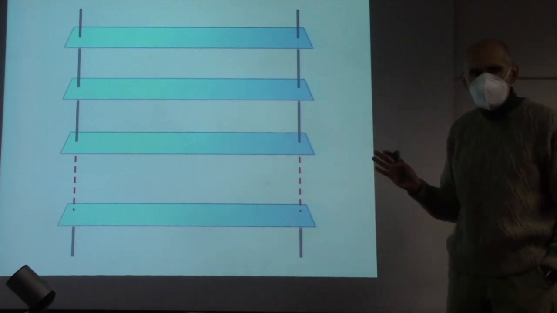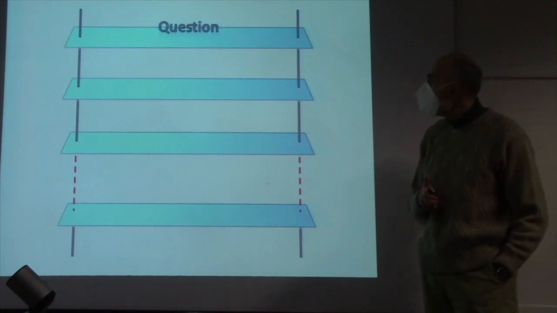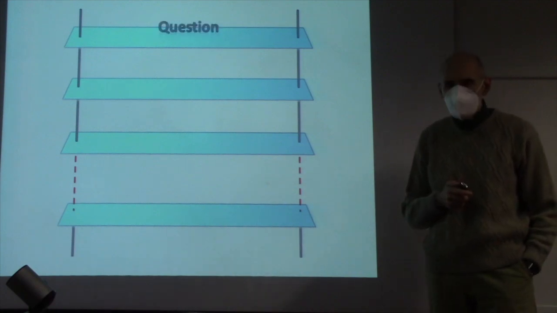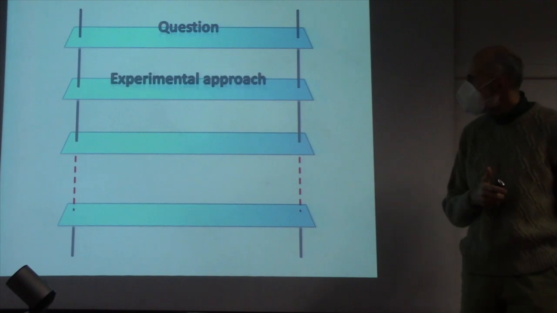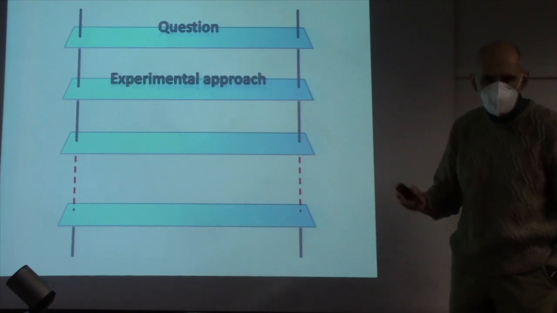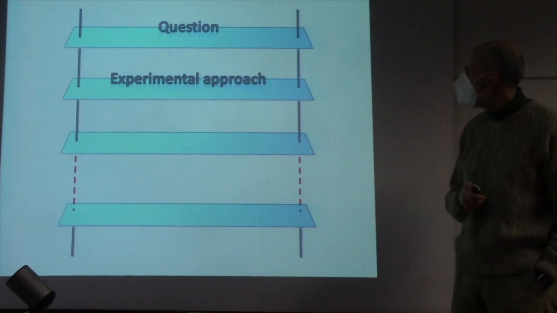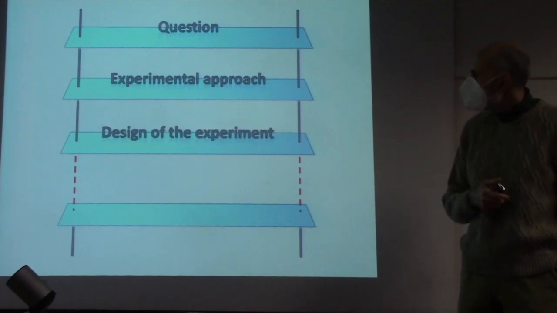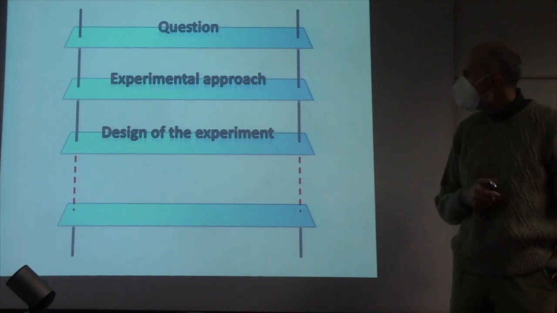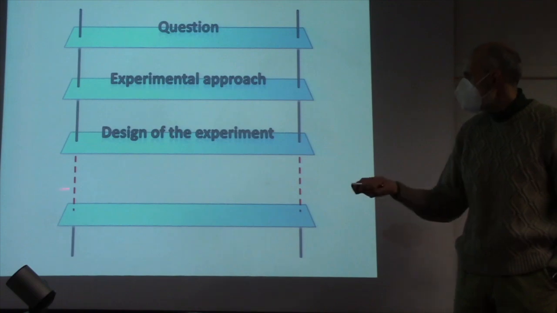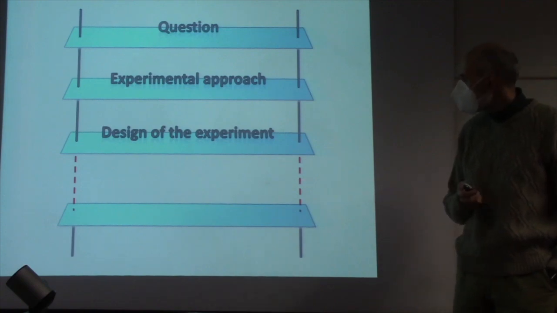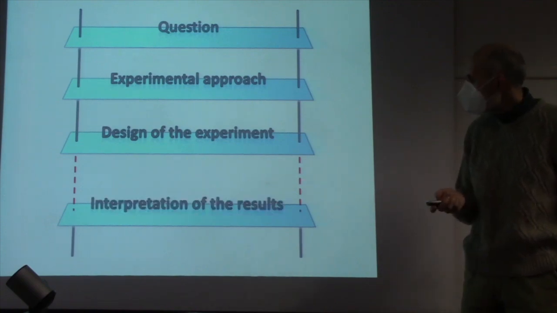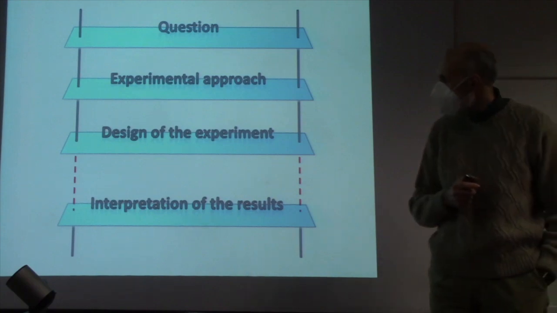But the 4 levels I want to talk about are: first, the question; second, the experimental approach, or the observational approach, if it is an observational study; then the design of the experiment or of the observation, then the execution of the project, and finally the interpretation of the results.